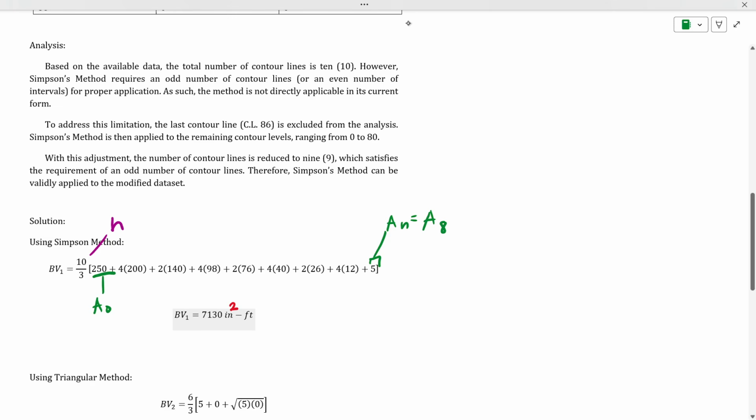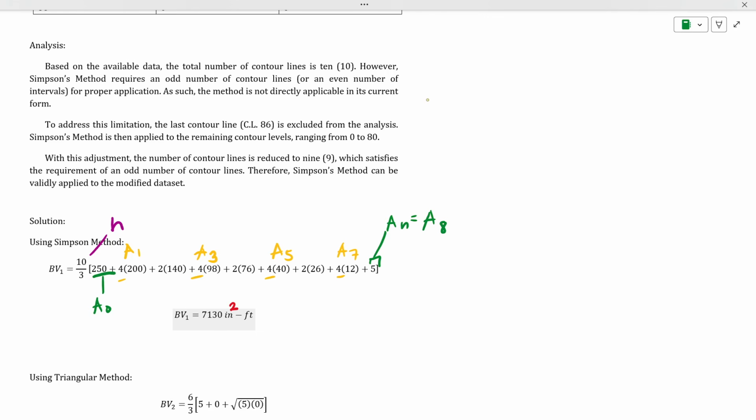If you check each odd numbered area, we have A sub 1, A sub 3, A sub 5, A sub 7. Each area is multiplied by 4.